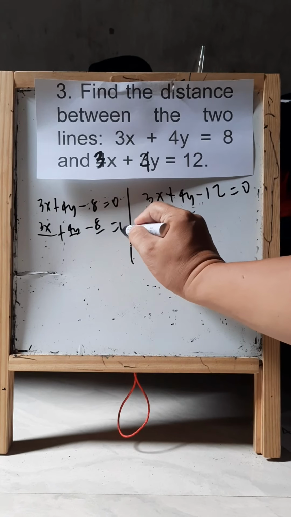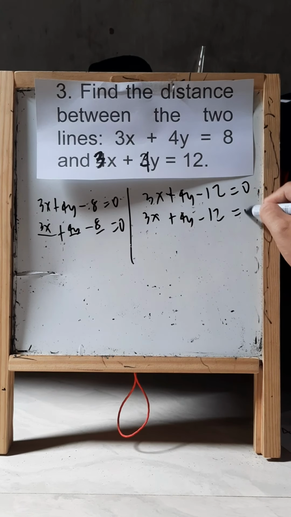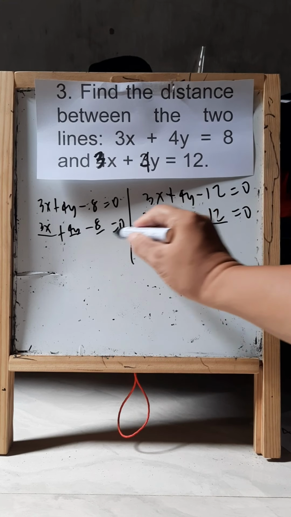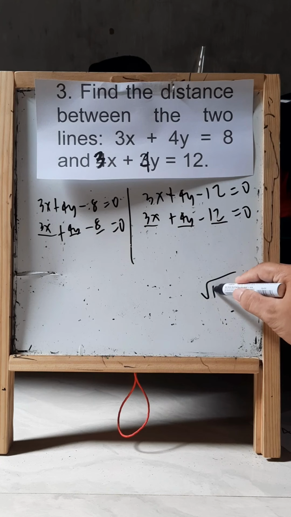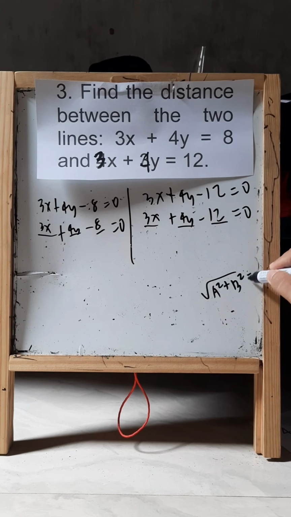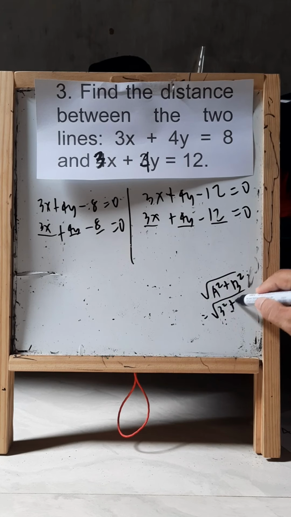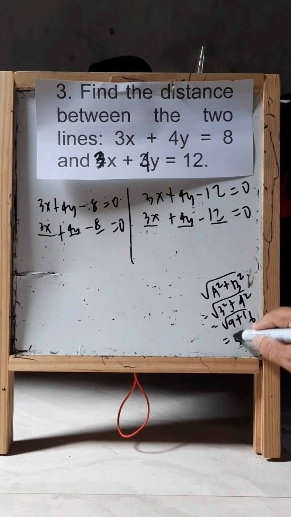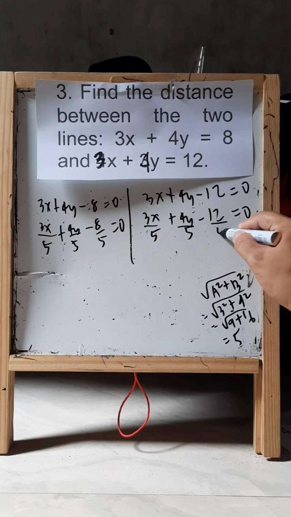So what are we going to divide? Let us solve for the square root of a squared plus b squared. So it's 3 squared plus 4 squared. That means 9 plus 16, 25. The answer is 5. So we're going to divide by 5.